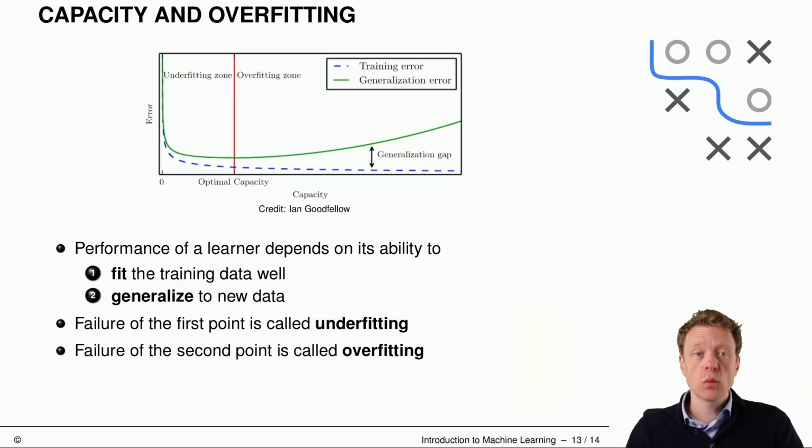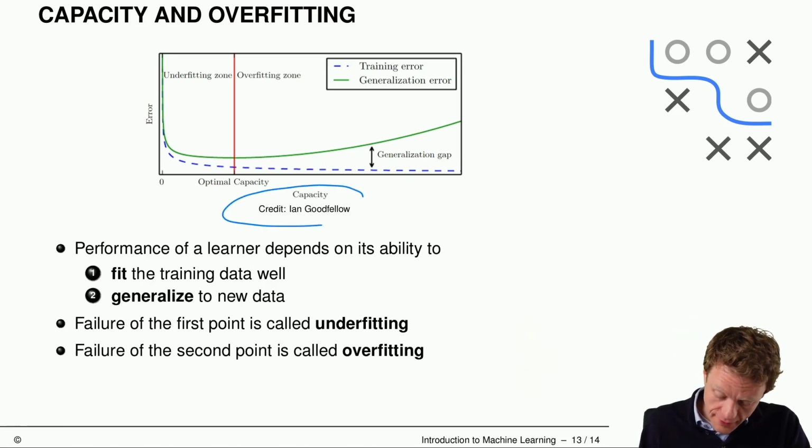Okay, we already spoke about capacity and also about overfitting, and here we have a plot that perhaps you have seen a lot in different flavors, and there are similar plots that mean very different things, as you can see in the chunk on approximation and estimation error. But for now, we look at this from a bias variance perspective.